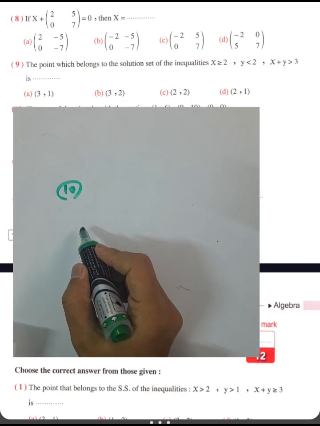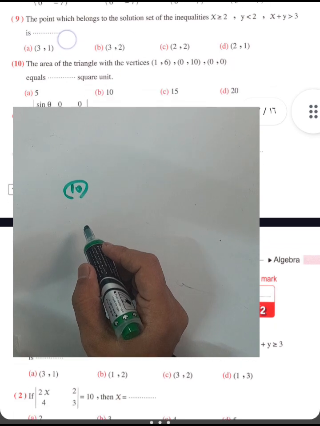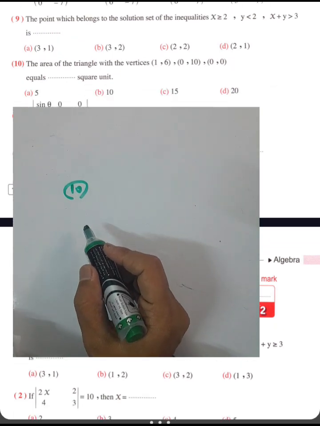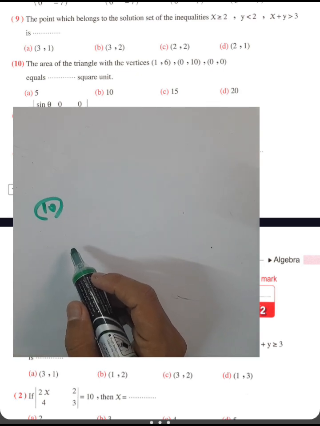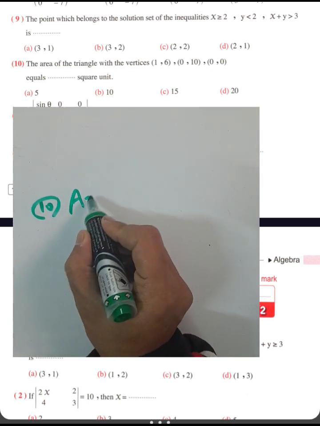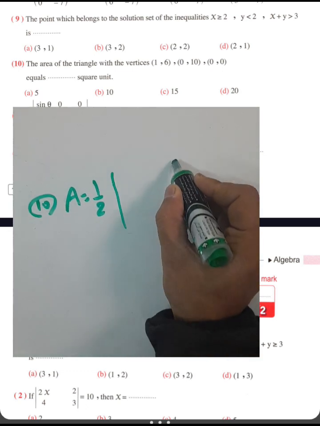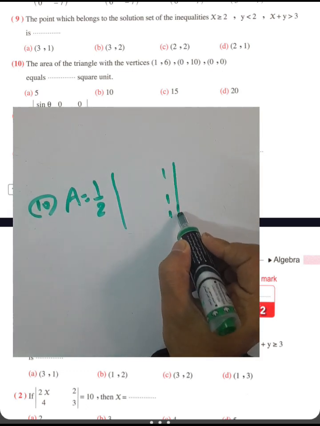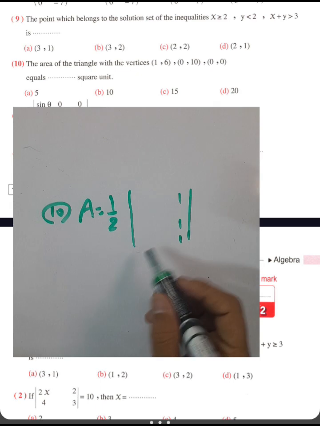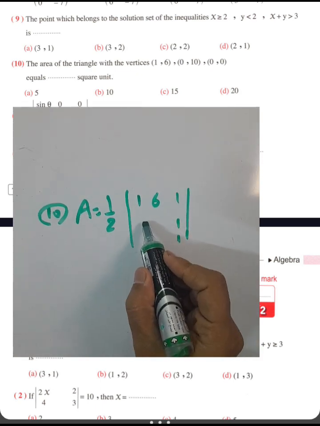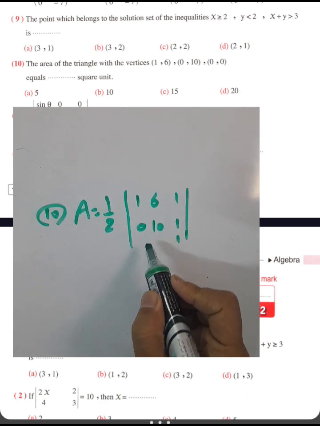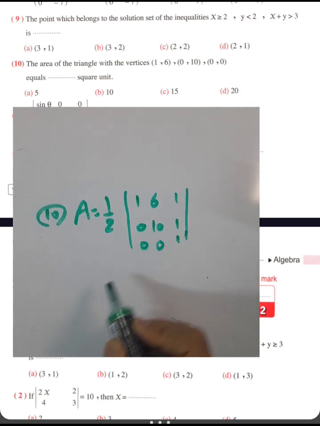Question number 10. The area of triangle with vertices equal space. Okay, we can draw determinant here and write all vertices and write 1 and 1 1. First point 1 and 6, second point 0 and 10, third point 0 and 0.